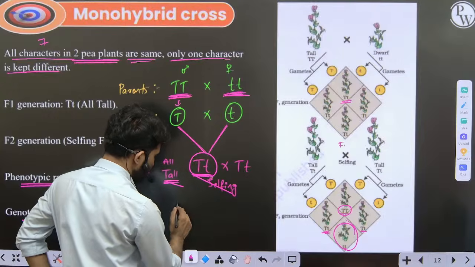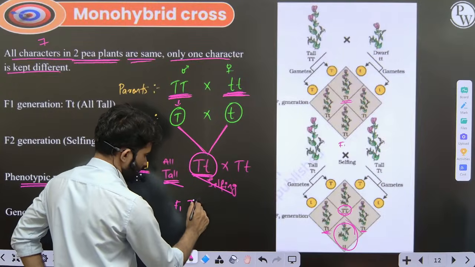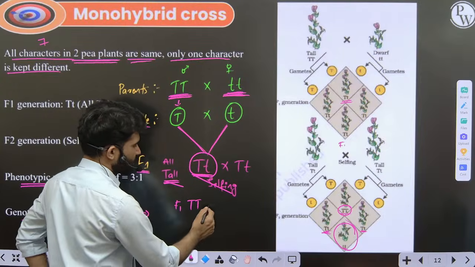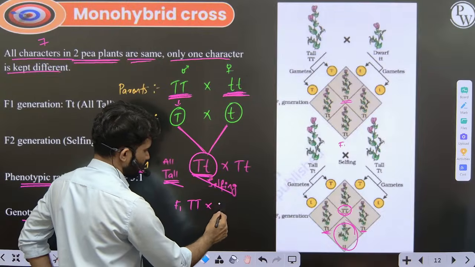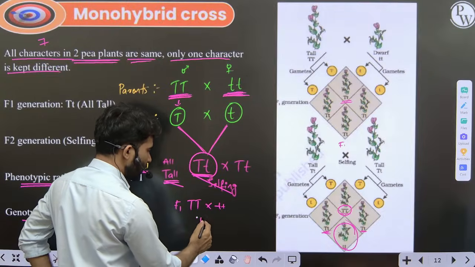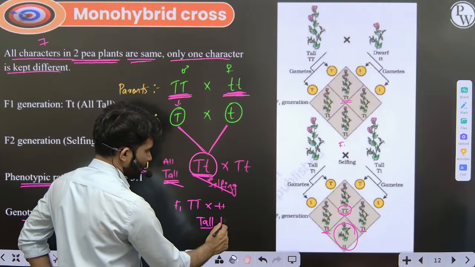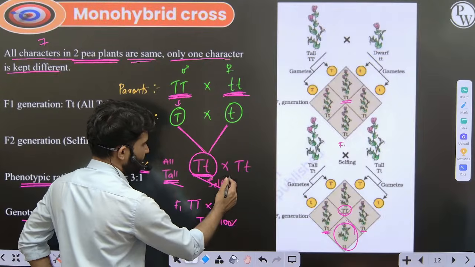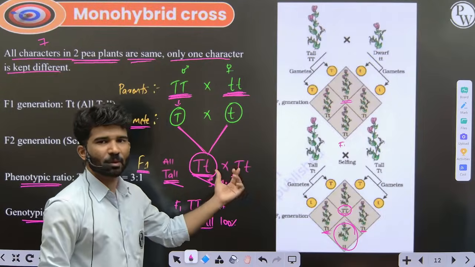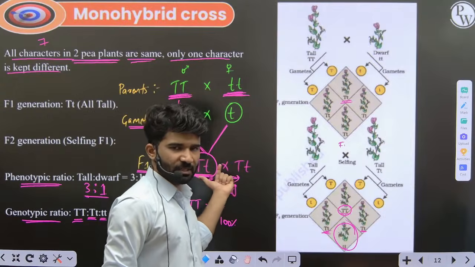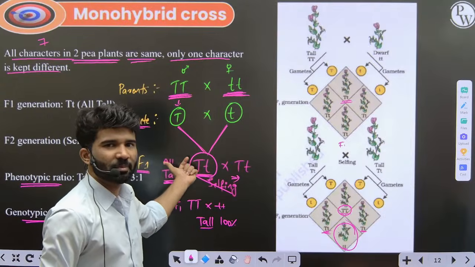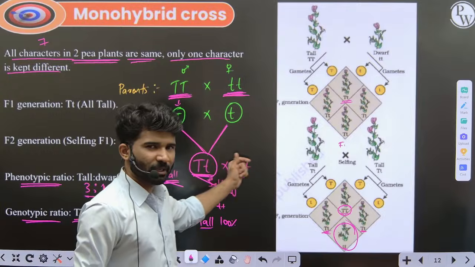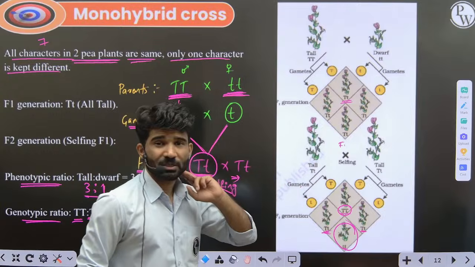Imagine if we got F1 as capital T capital T. Then if you cross with the recessive parent, again you will get all tall, right? 100% tall. But in this case, some of them are dwarf. Even if there is one dwarf line, definitely the F1 parent is heterozygous.